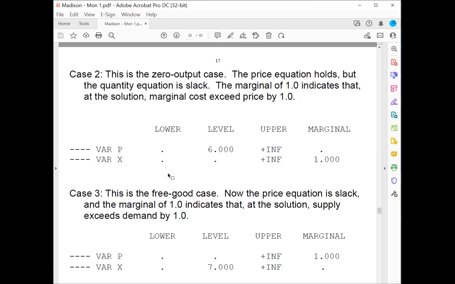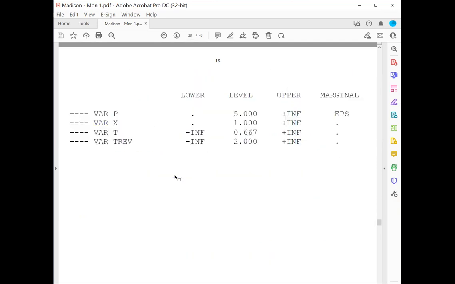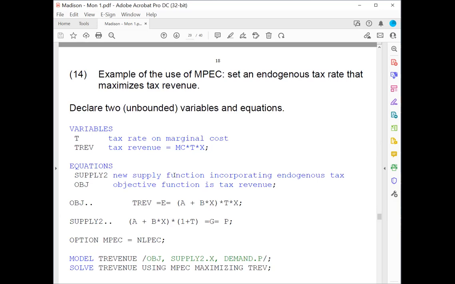And again, the marginal is the numerical value of the imbalance in that equation. It's how much excess supply there is at the solution. So if these were pollution permits, it's how many of these things you have to buy up for the price to go to 0. So these marginals in lots of problems can be, I think, extremely valuable for answering economic questions.